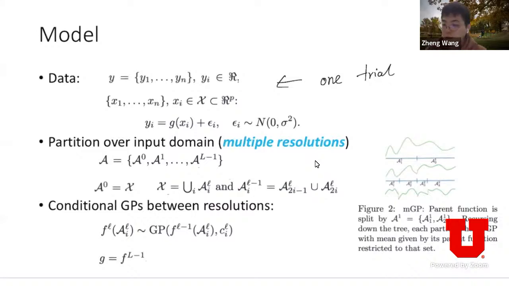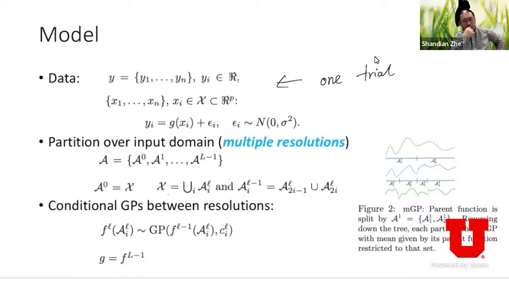And it's a standard notation, like the output data y1 to yn, and x1 to xn, and the observation is some noisy observations. So why is the input dimension p?